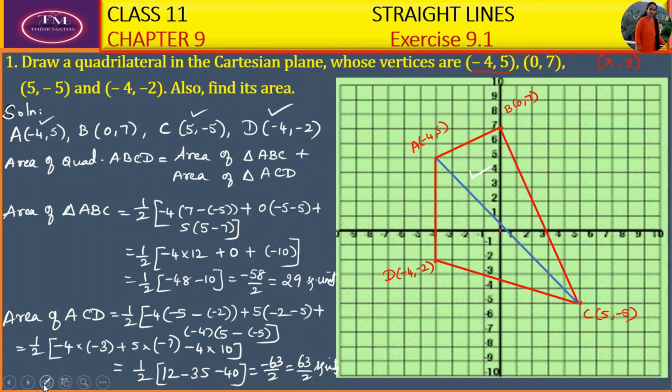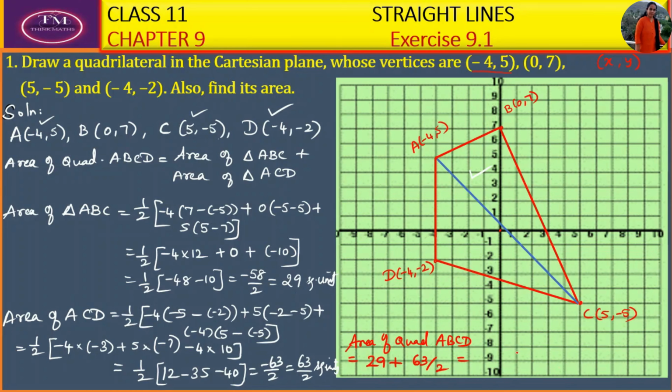So this is separately the area of triangle ACD. Okay, now we have to find the area of quadrilateral ABCD. What is it? It is nothing but we have to add both the areas. What is the area of triangle ABC? It is 29 plus the area of triangle ACD is 63 by 2.